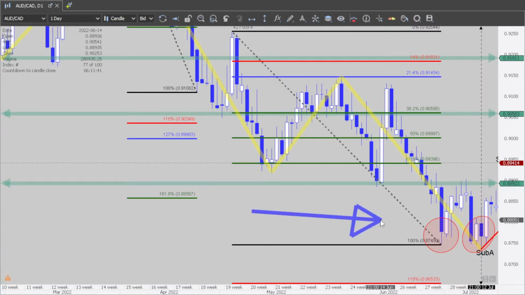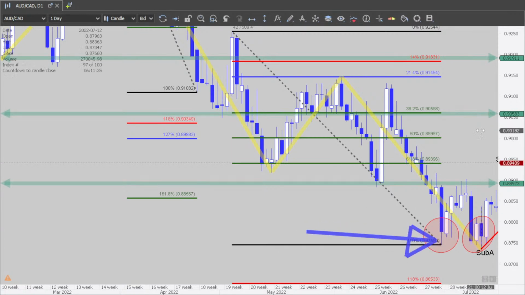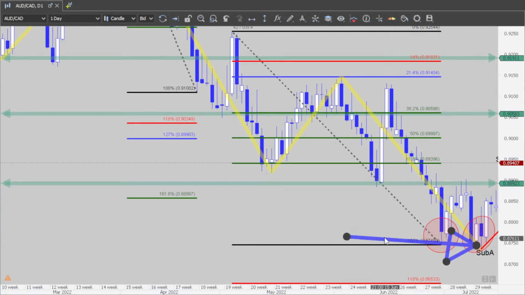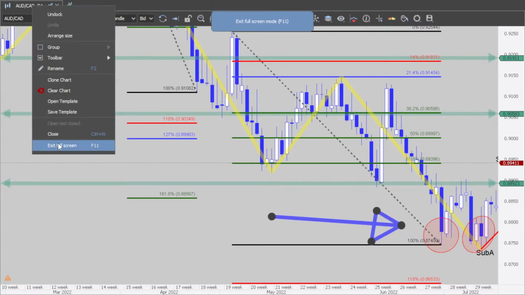You spot double bottoms on the daily. This is just an example. This is the lowest low, the sub A, but you don't have a high yet, agreed? From the daily. This is the reason that we can go on the smaller time frame, like the 4-hour chart.